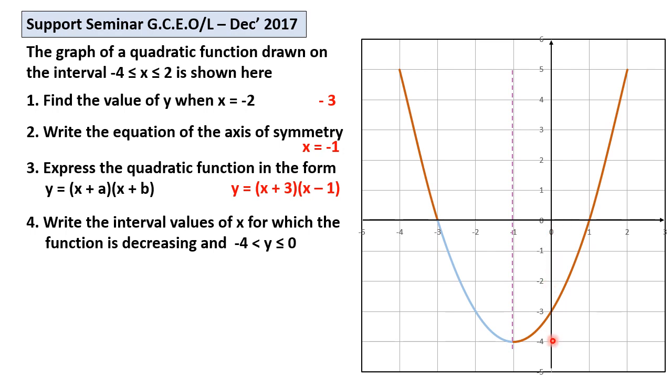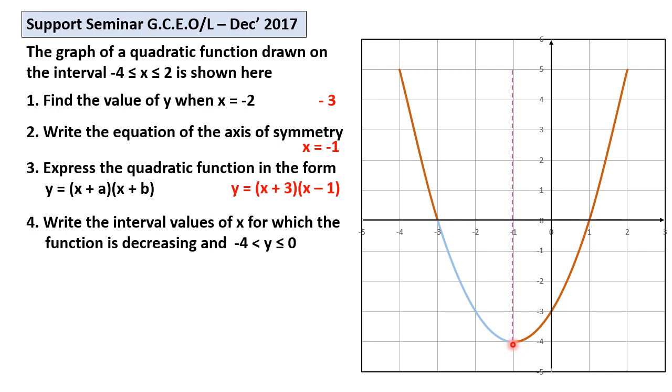Within this range, which part of the graph do we need to consider? They mention the decreasing part. Here the blue color part of the graph shows the decreasing part within the given range of y.